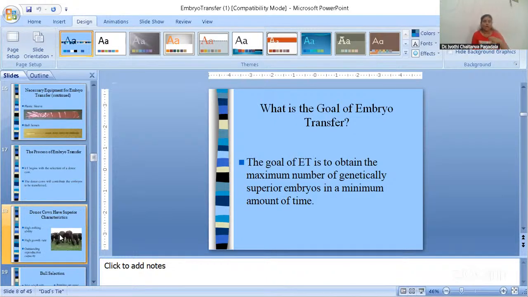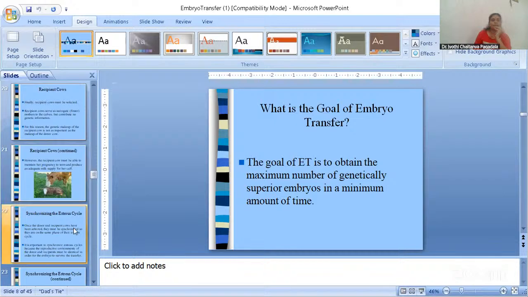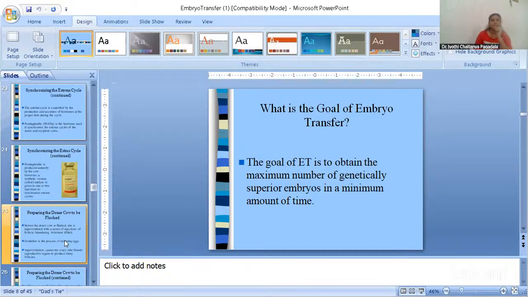We covered how to select the donor cows having the superior characteristics, bull selection, the characteristics of the recipient cows, and synchronization of the estrus cycle.